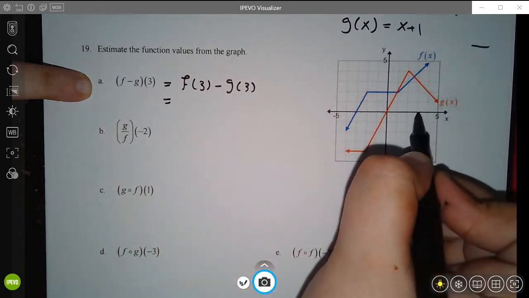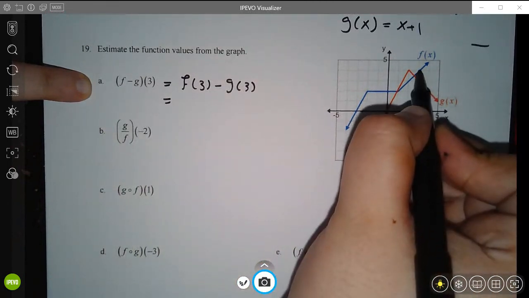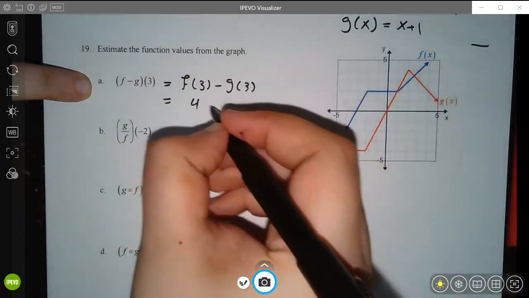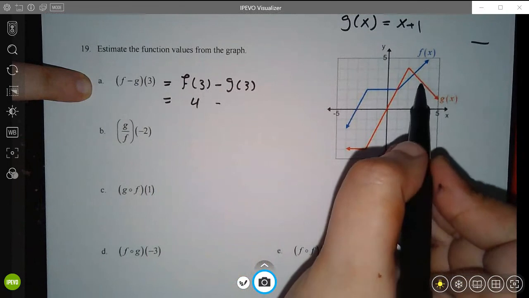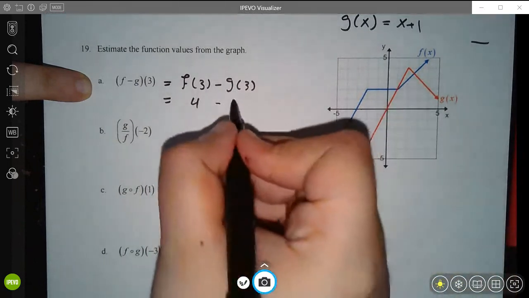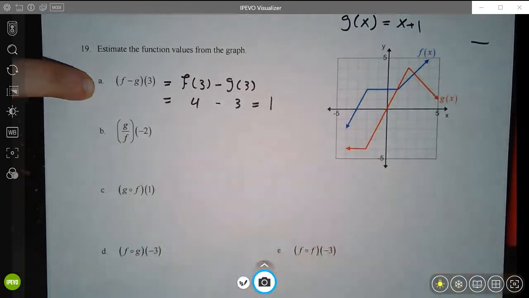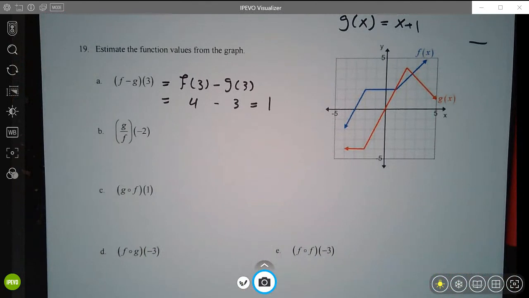This is the point 3 for x. F is all the way over here, which is 4. So that's 4, minus g at 3. G is over here, which is 3. When you subtract, you get 1. Easy peasy.